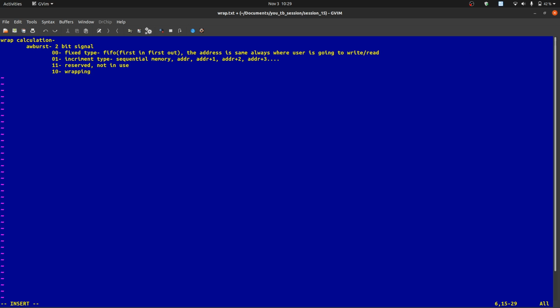So what is the meaning of wrapping? The address will be wrapped around. So we will see the calculation of how the address will be wrapped. Address will be wrapped between the lower and upper boundary, right?